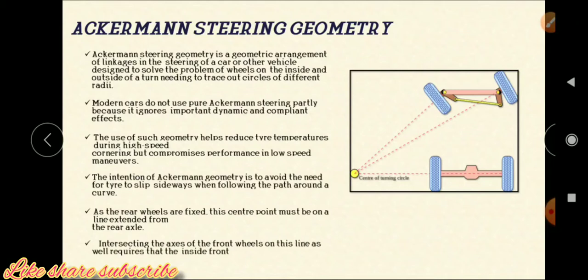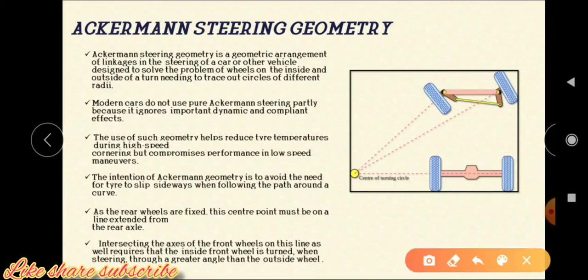As the rear wheels are fixed, the center point must be on a line extended from the rear axle, intersecting the axis of the front wheels on the line, as the wheel requires. The inside front wheel is turned through a greater angle than the outside wheel when steering. Now you can see in the figure this point shows the center of the turning circle.